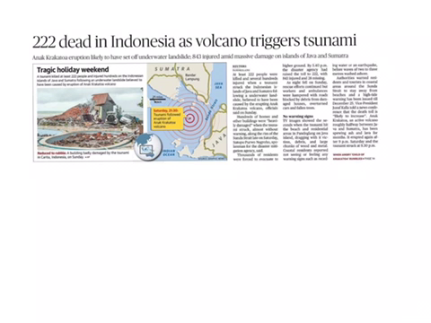See, when you read this article, "222 dead in Indonesia as a volcano triggers tsunami," you have to know what a tsunami is, what the causes of tsunami are, and whether there is any difference between tidal waves, or generally the waves we see in our ocean, and tsunami waves.